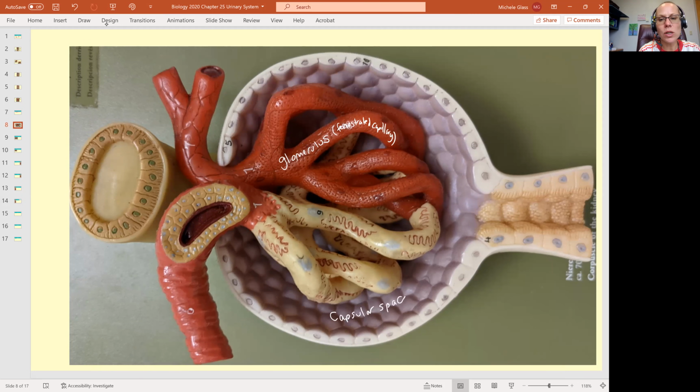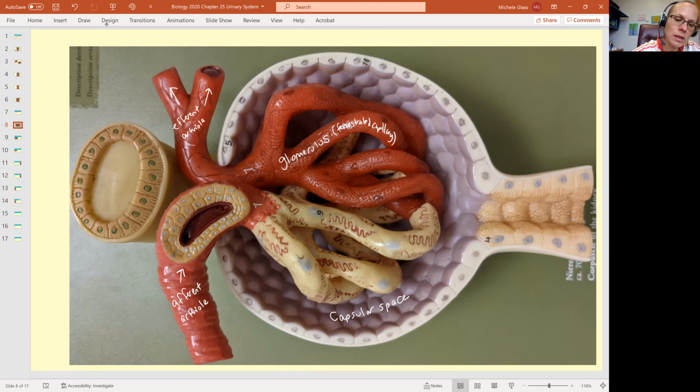Now, if we go back to our picture of the glomerulus, notice there's going to be an entry and an exit. So we're going to see the afferent arteriole as the entry. So let's draw movement in. And then we're going to have the efferent arteriole as the exit.